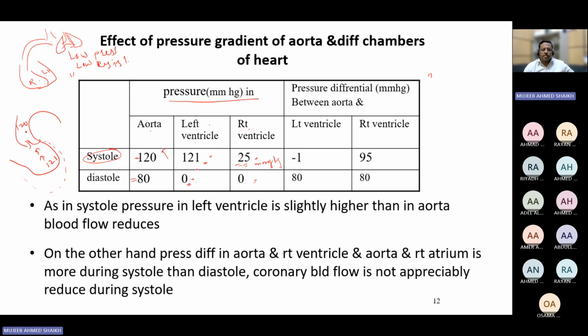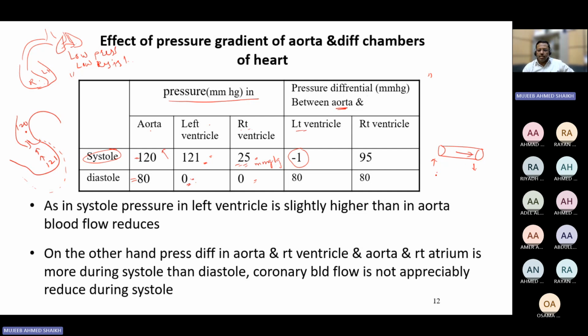Now let us see the difference. Pressure difference between aorta and left ventricle. What is the pressure in aorta during systole? 120. Difference means minus 121. How much? -1. So what we have seen, if there are two ends of the artery or any vessel, if the pressure is high here, low here, then the flow will be like this.